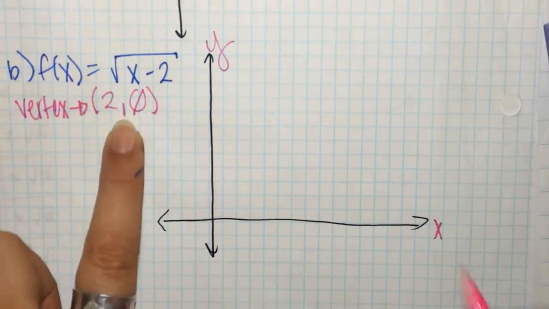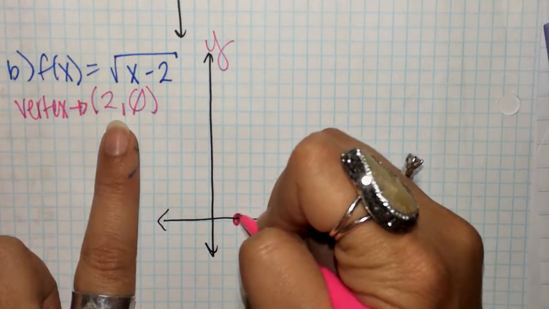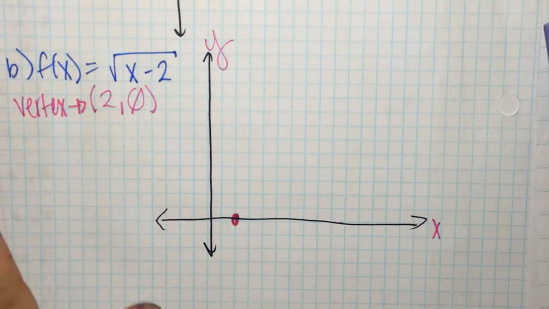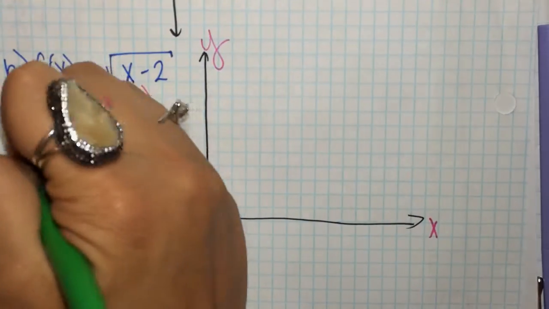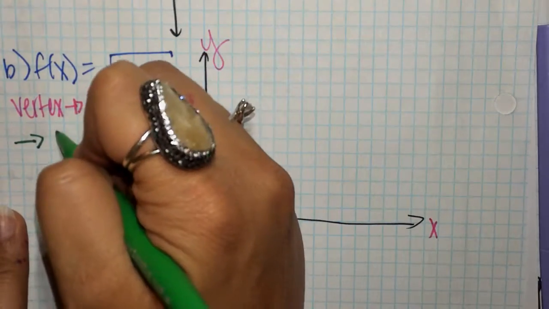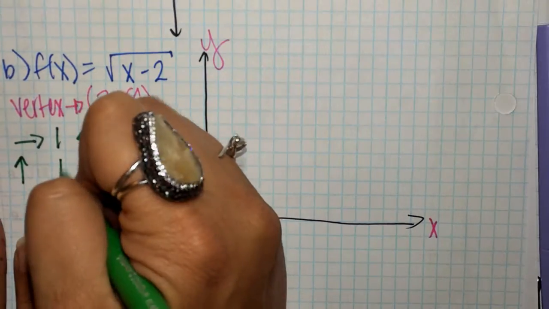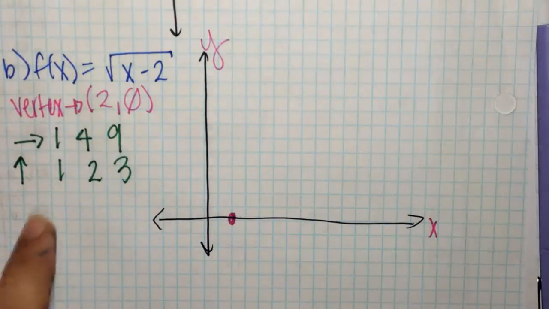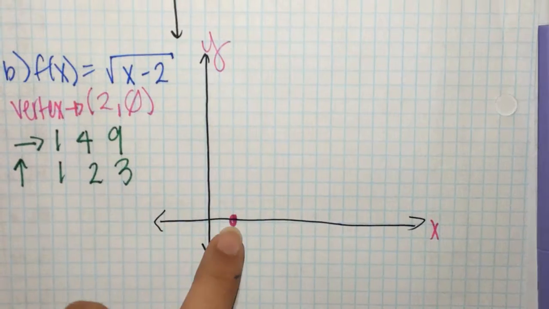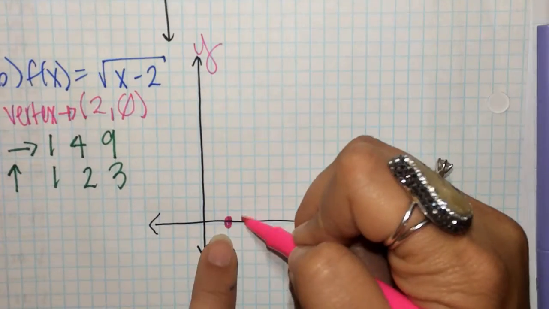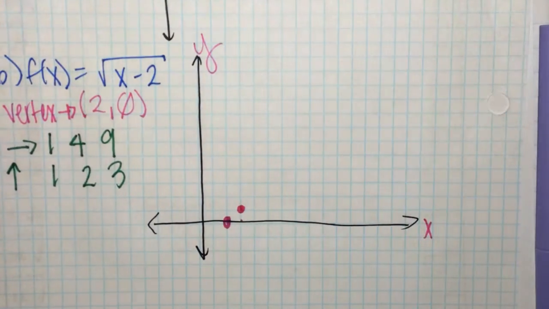All right, so let's plot this. Let's go right 2, and then we don't go up or down any. Now, from vertex form, you go right the perfect square. So we're going to go right 1, 4, 9, and then we're going to go up 1, 2, 3. From here, we go right 1, up 1, put a dot.